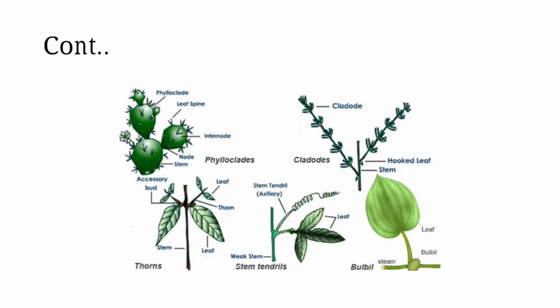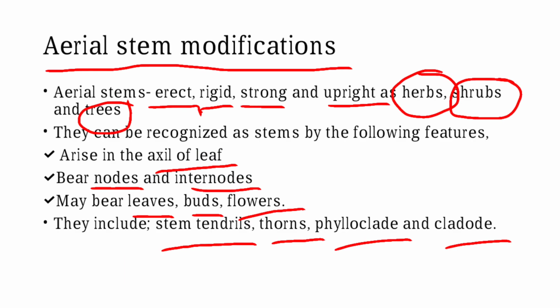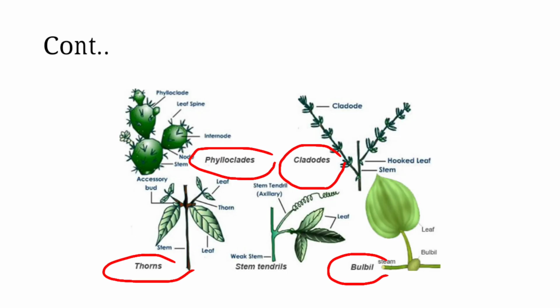These are just pictures trying to show you what we have been talking about. These are the phylloclades. These are the thorns. These are the bulbils. And lastly, these are the cladodes, as we have said in the previous slide.